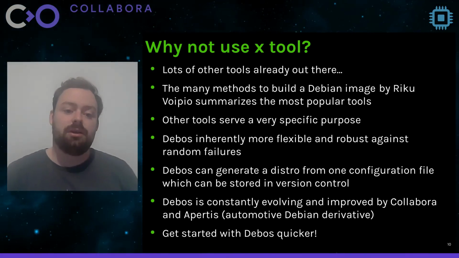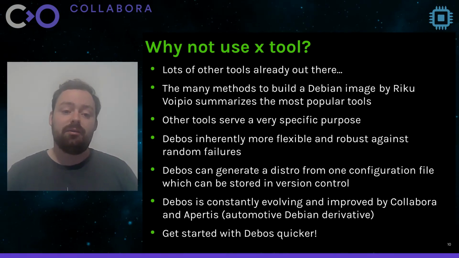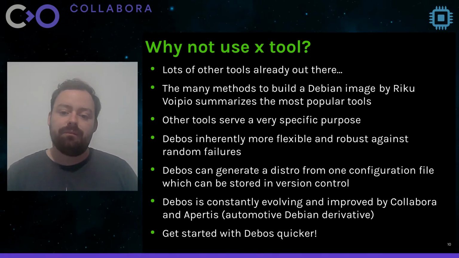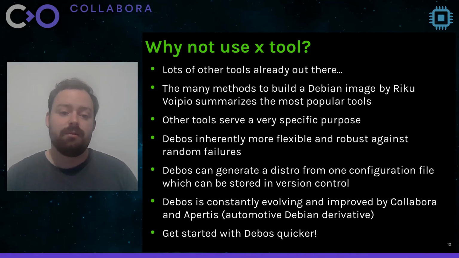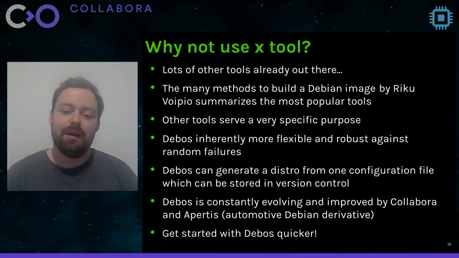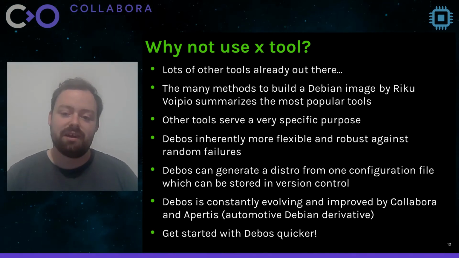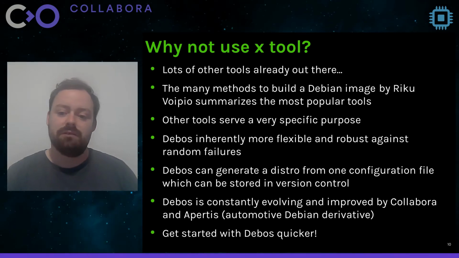At the time I was looking at creating a BeagleBone Black image, and I couldn't create an image using Spindle for that without a lot of hacking. These other tools also have random failures. Debos is inherently a lot more robust against these failures, and it's also a lot more flexible than these other tools that serve very specific purposes.